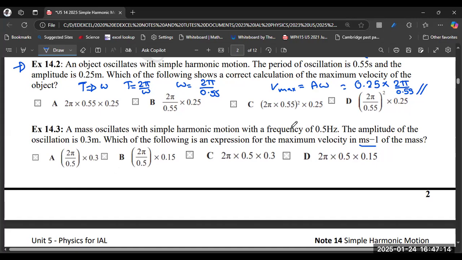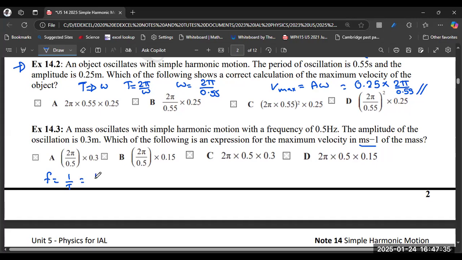But now they are giving us the frequency. So you can understand how the questions change a little from the earlier time period. Now, when they give you the frequency, frequency is equal to 1 over time period.